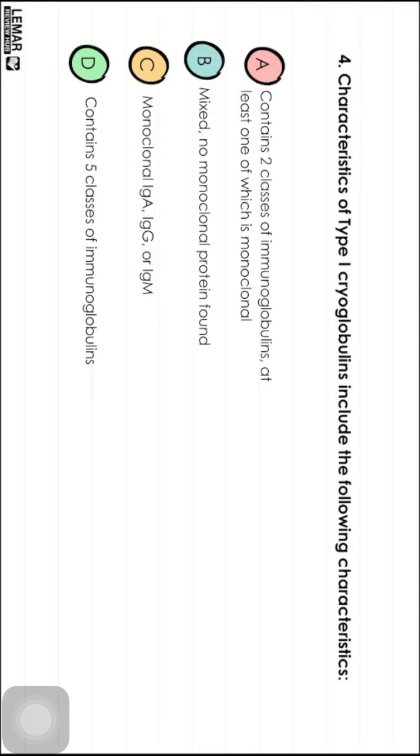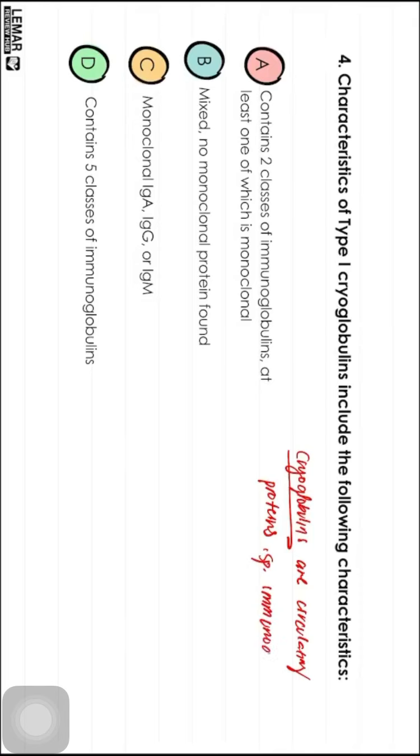So, let's define first what is a cryoglobulin. Cryoglobulins are circulating proteins, specifically immunoglobulins. Okay, so these are the IgG, IgM, IgA, or light chains.